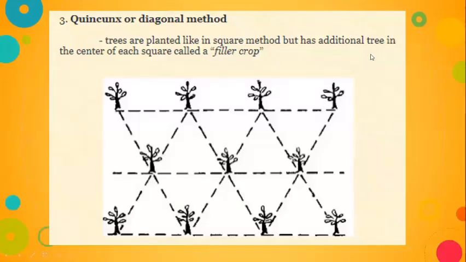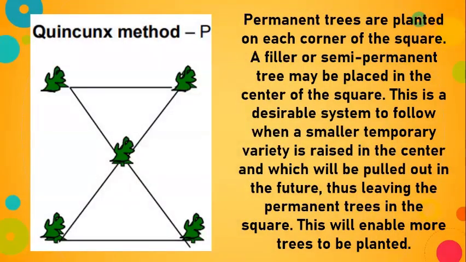Let's have the third method, the quincunx or diagonal method. Trees are planted like in square method but with an additional tree in the center of each square called a filler crop. So see, it's a square but you have one tree planted at the center. Permanent trees are planted on each corner of the square.